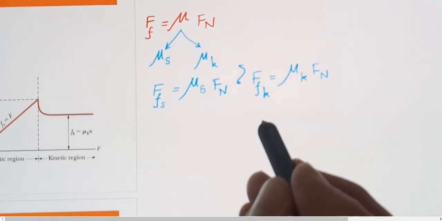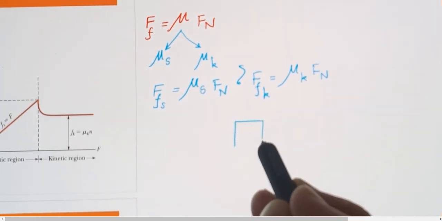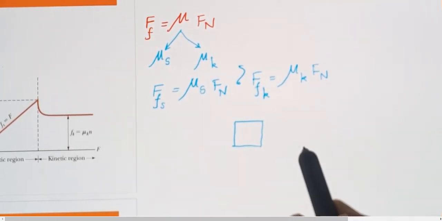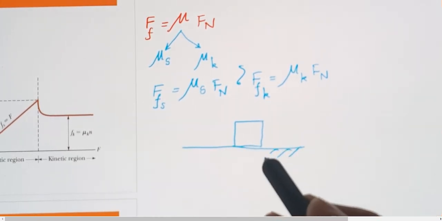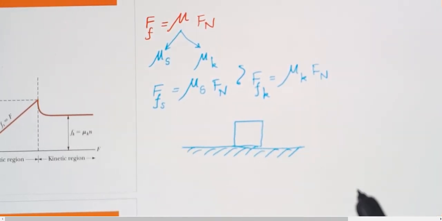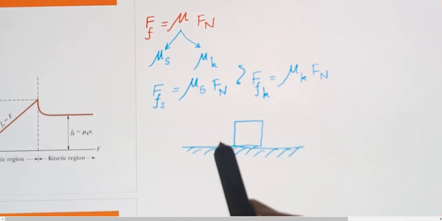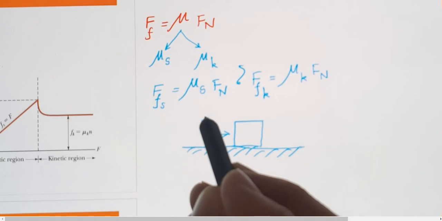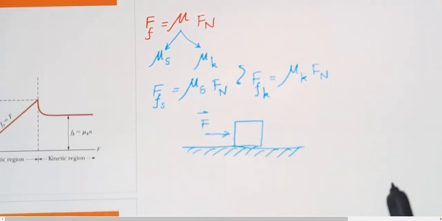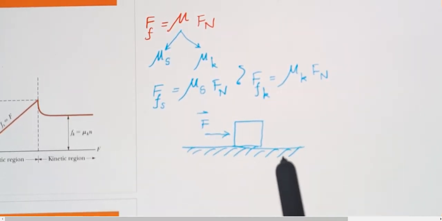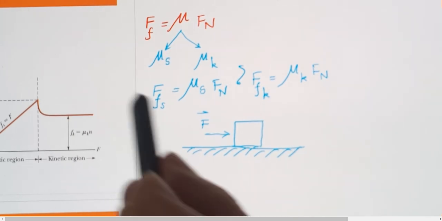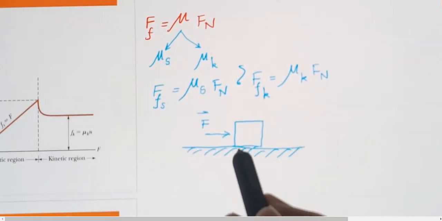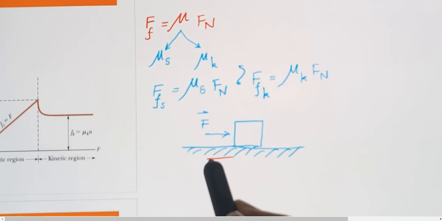Suppose that we have an object on a rough surface, and you apply a force from the left. Then right away, the force of friction will be to the right.